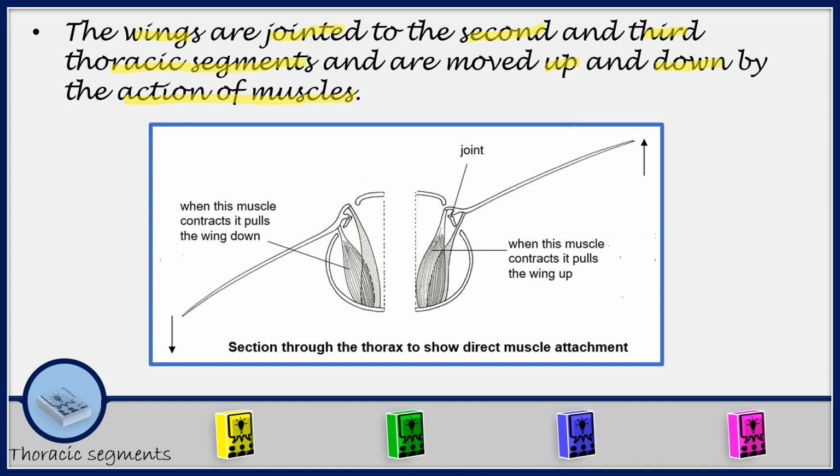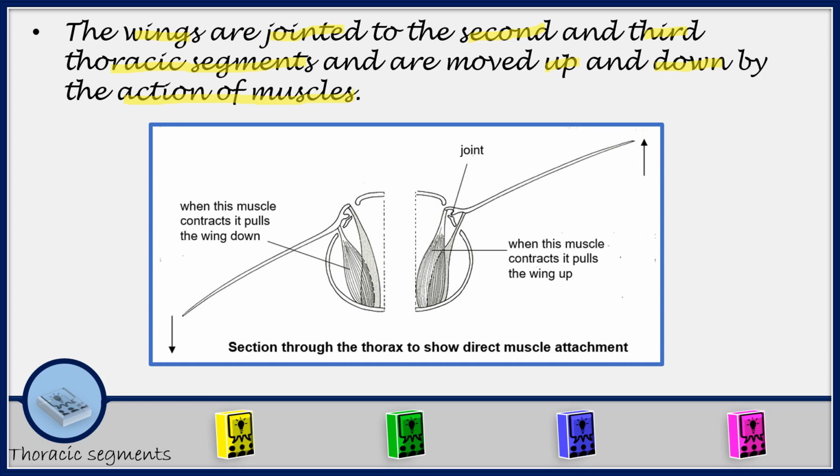So we are looking at flight in insects, and earlier on we saw that the wings are attached on the second and the third thoracic segment, and they are moved up and down by the action of muscles. So today we want to look at this.